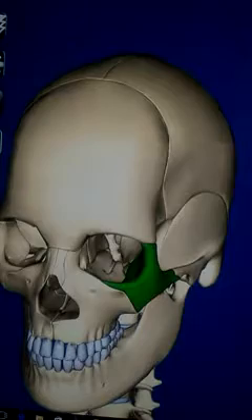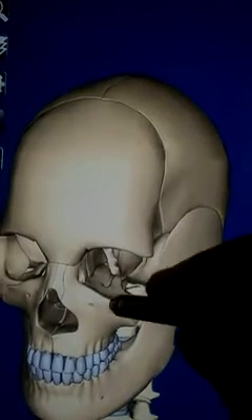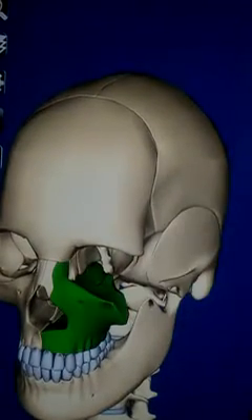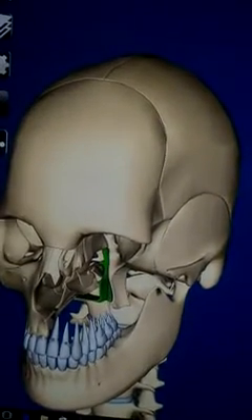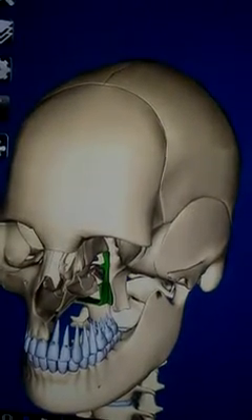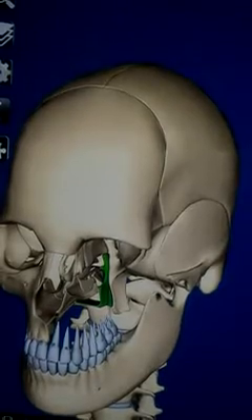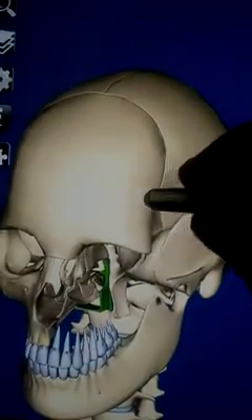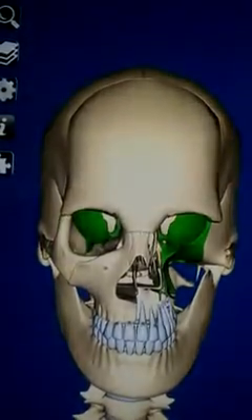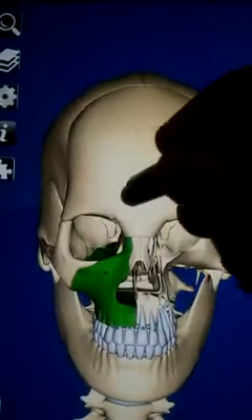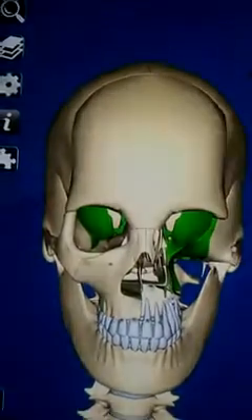If you take out the zygomatic bone and maxilla, some part of the palatine bone also forms the floor of the orbit.